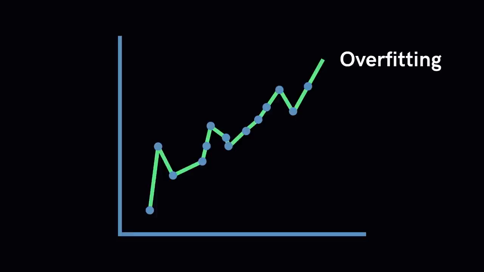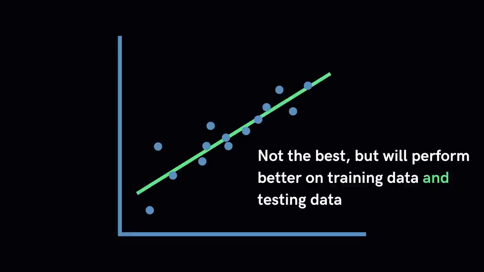And this makes sense because instead of memorizing patterns generally to perform well on both training as well as new testing data, our network in fact has memorized the patterns only on the training data. So it obviously won't perform well on new data it's never seen before. This is the problem of overfitting. It fitted too much. And by the way, this would be the more accurate kind of fitting. It's not perfect, but it'll do well on both training as well as new testing data with sizable accuracy.